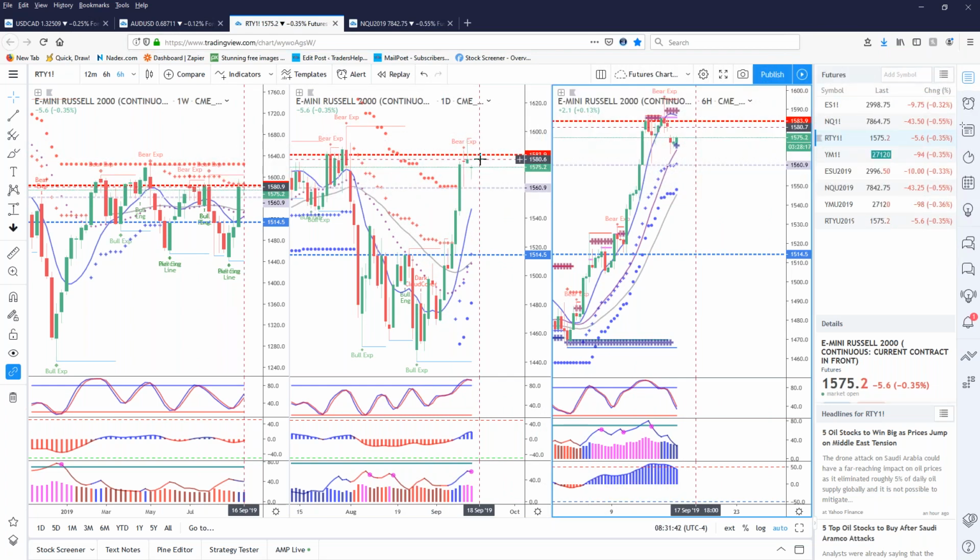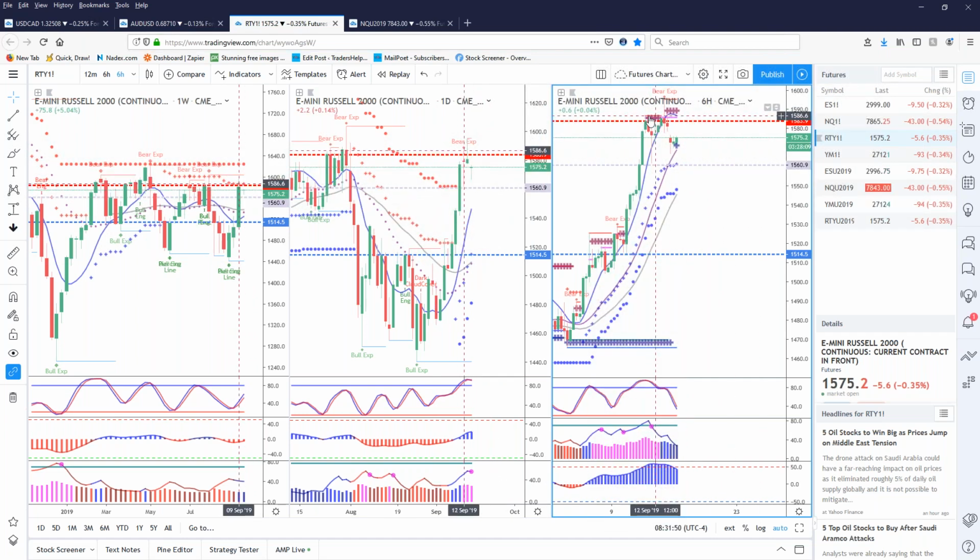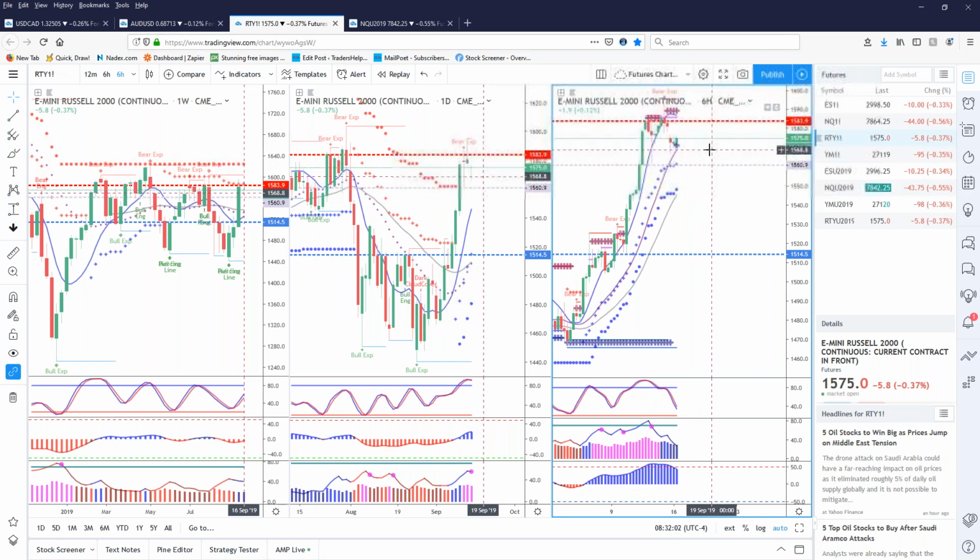You still have that gap there between 1580 and really 1575, okay? So I would think they'll come back and they'll test this area right here. And if they do that and they form the bearish bar, you're going to get what I would consider a miniature head and shoulders.